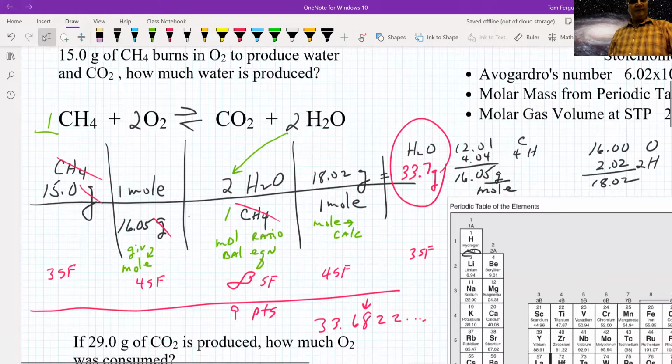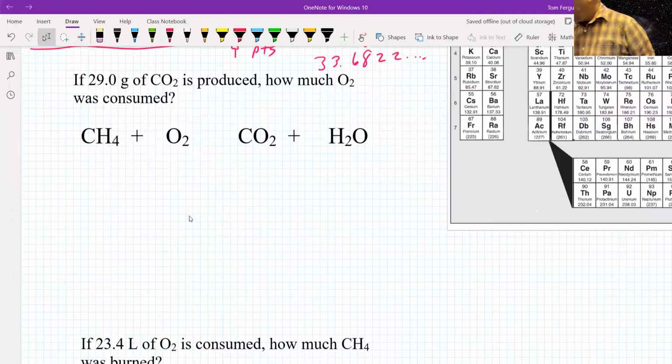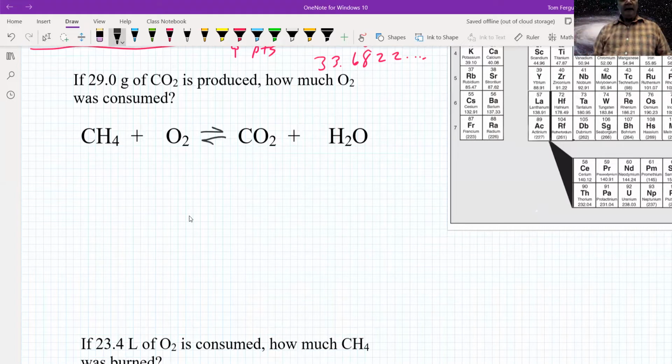Okay, so let's do another problem. Now notice, no one's asking me about this double arrow stuff. Can anyone think of an idea why I put 2 arrows up there rather than just the 1 arrow going forward?